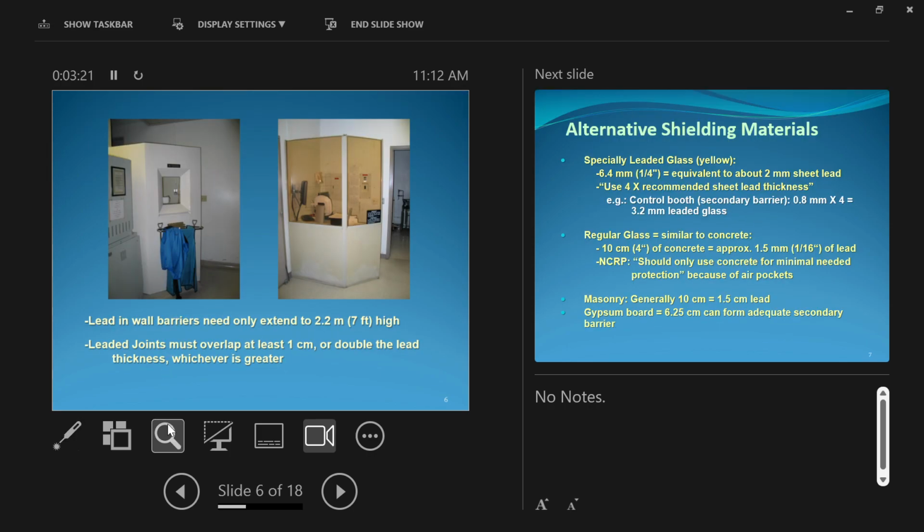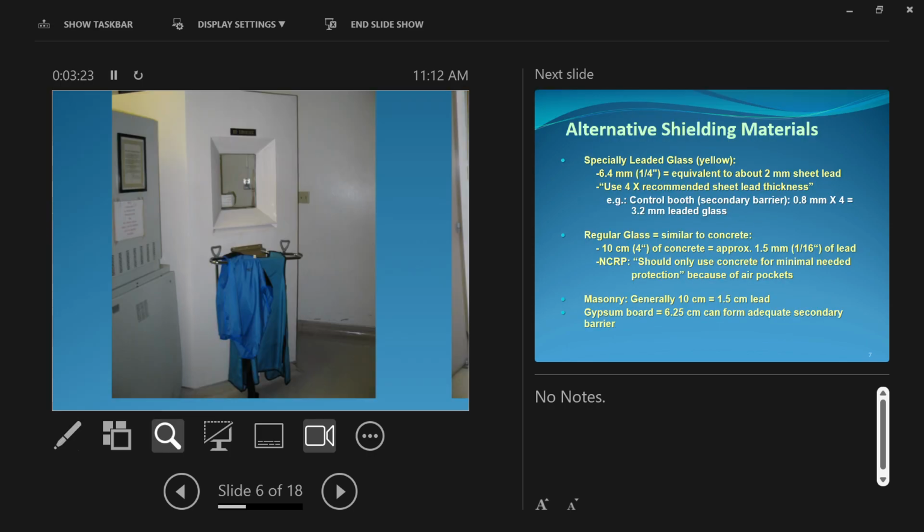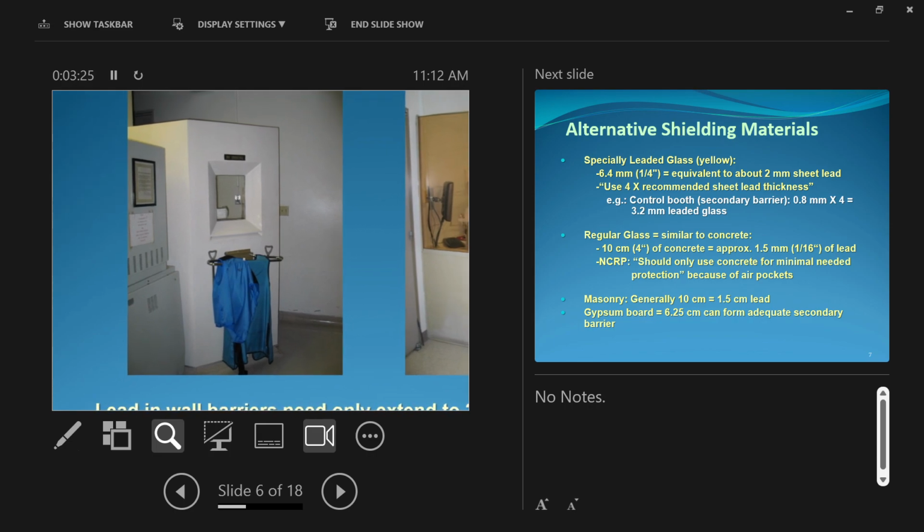So here are two examples of control booths. For this control booth, we're standing inside the X-ray room right now. Basically the X-ray table would be right behind the person taking this picture. We're facing towards the control booth, and on the other side of that partial wall, the X-ray tech would stand to make their exposures. They have a window to look through.